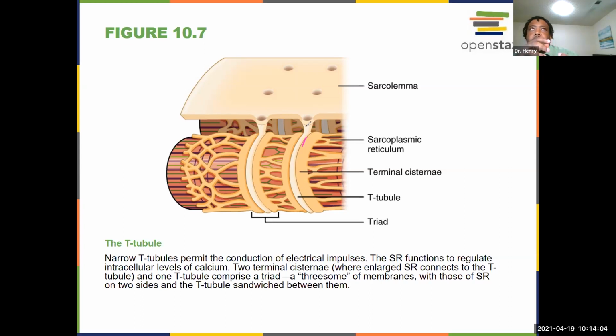So it allows the pulse to be distributed around the entire muscle fiber itself. Okay, and then you have, so this guy distributes the pulse.